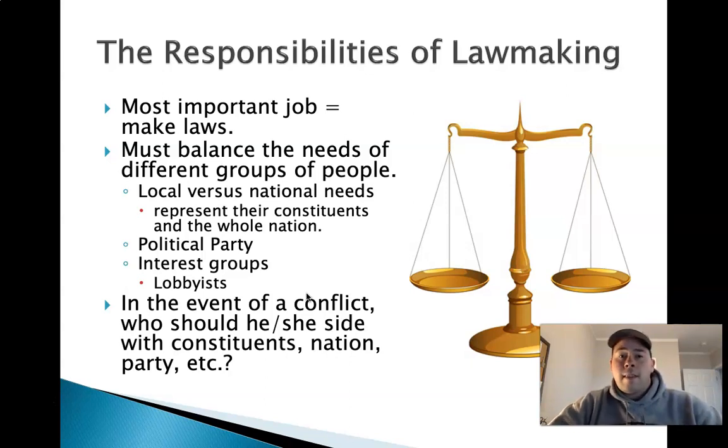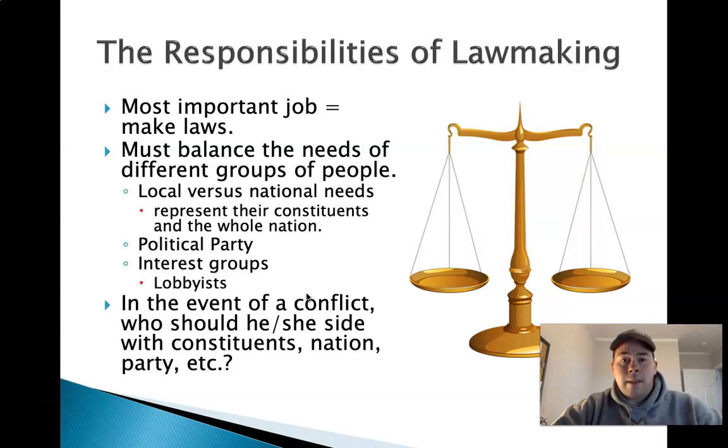So if you're in the legislative branch, that means you are in the branch that makes laws. That is the most important job of the legislative branch, is to make laws. That's true at the federal level, and that's true at the state level. Both of those levels, with their legislative branches, make laws.